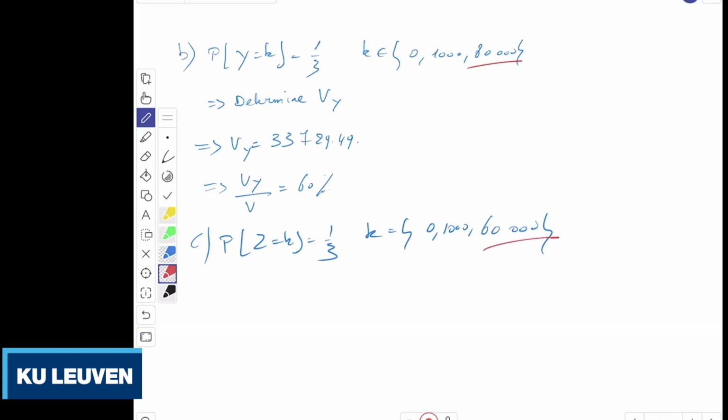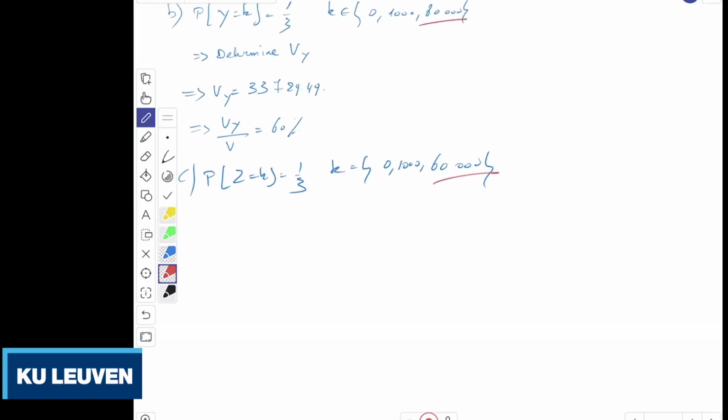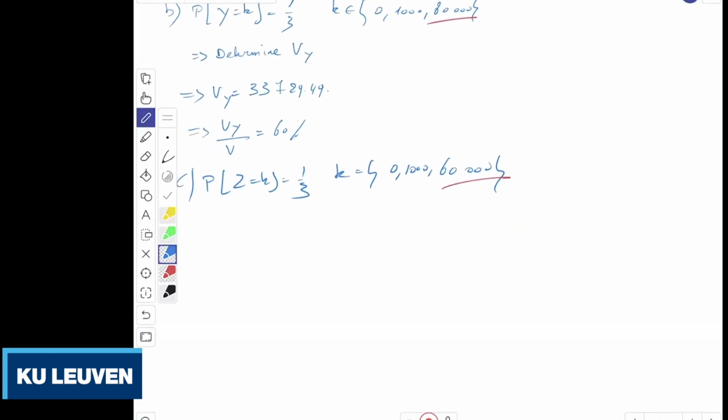Right? You go through the same calculations, you find that VZ, the value of your liabilities, is now equal to, let me see, 23,294.